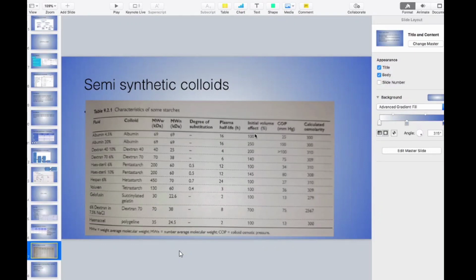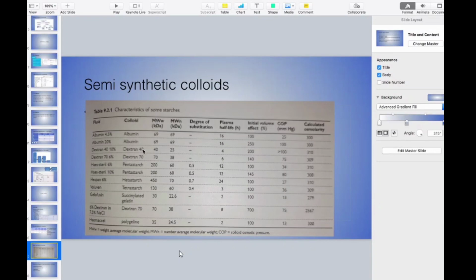So that is going to remain in the intravascular compartment for maybe around 16 hours. But if you give 20% albumin, you can see the expansion of the volume is 250. So if you give 100, because of the increased osmolarity, the fluid will be reabsorbed into the intravascular compartment.